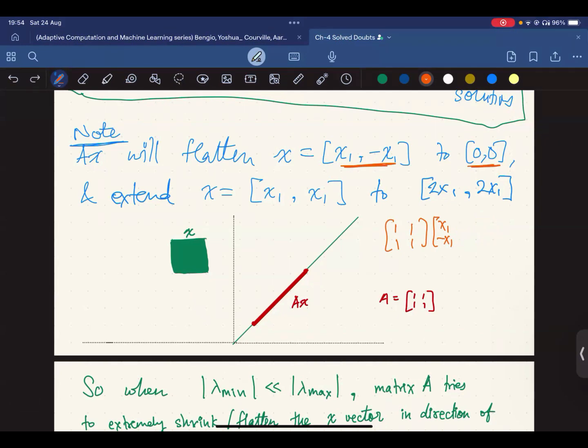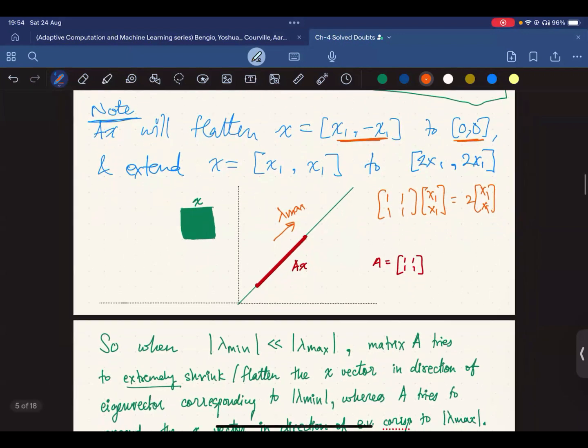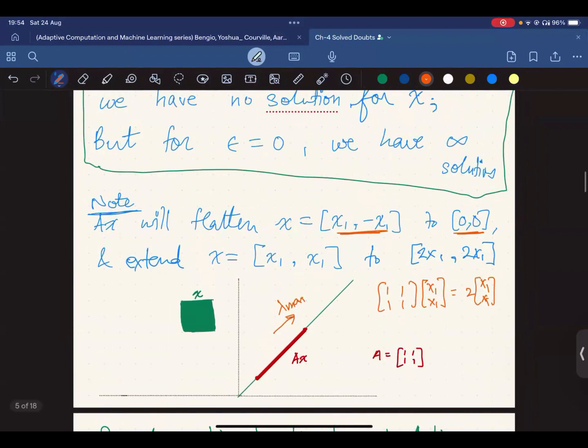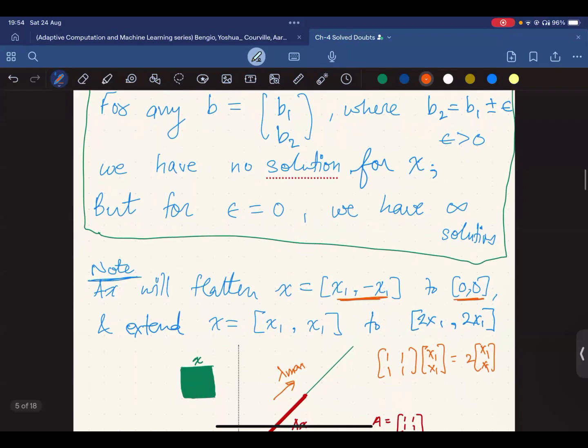Whereas the x1 x1 point will go out to 2x1 2x1, which is extending or expanding in the direction of the lambda max eigenvector. This is the reason why a small change in input can drastically change the output when the condition number is high.